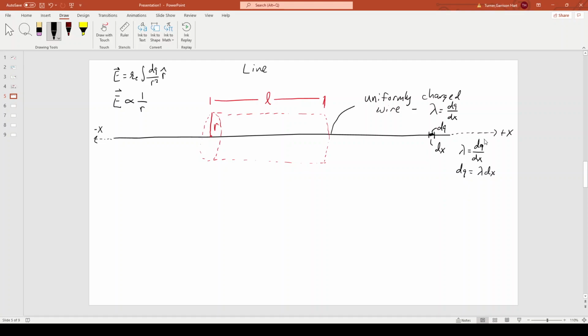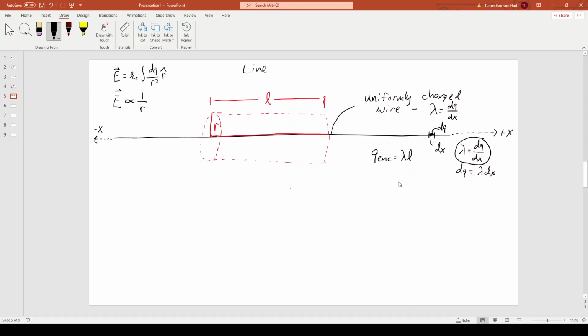So if I move away from differential elements and look at this total length L that stretches from here to here, then how much charge is on that line? Well, if this is a uniformly charged line, then Q enclosed is just going to equal lambda times L.